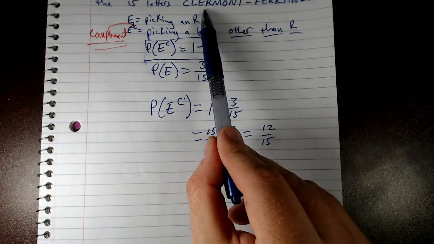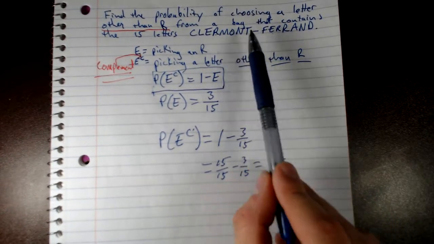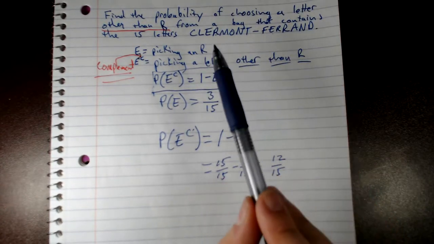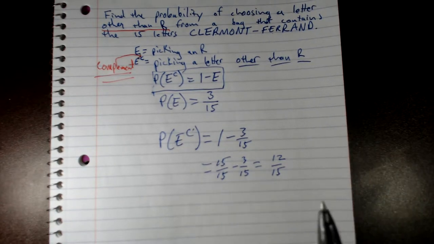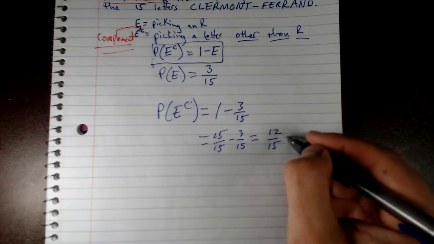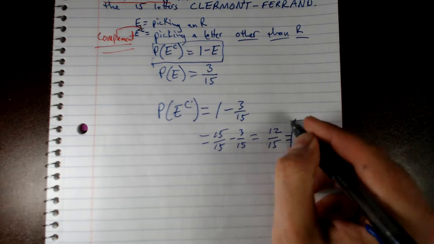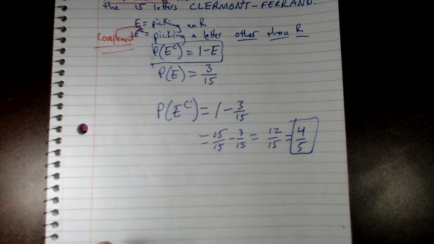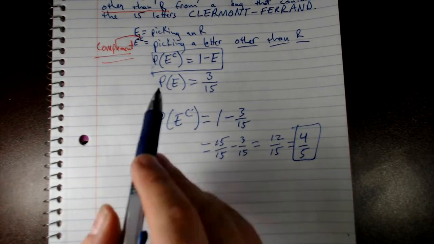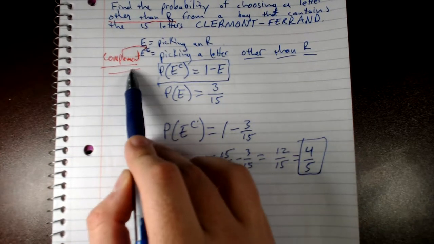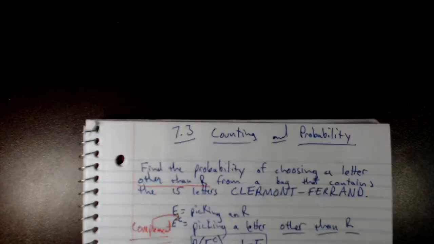If there are 3 R's out of a total of 15, that means there are 12 letters that are not an R. Then we can reduce that down. Both of those can be divided by 3. We would type in 4/5. So that's the first problem, and that's dealing with the complement. You will see several complement problems in this section.